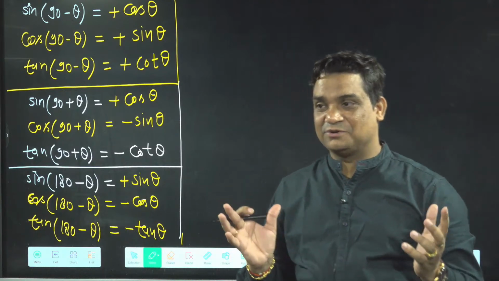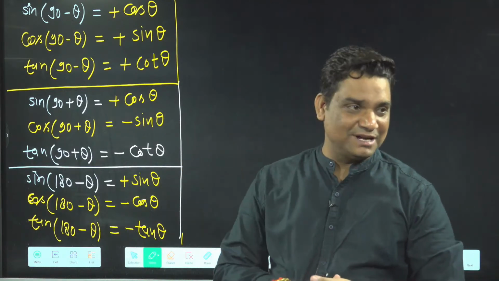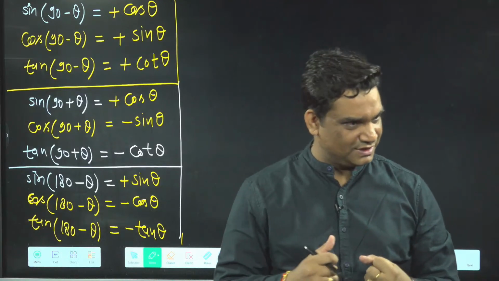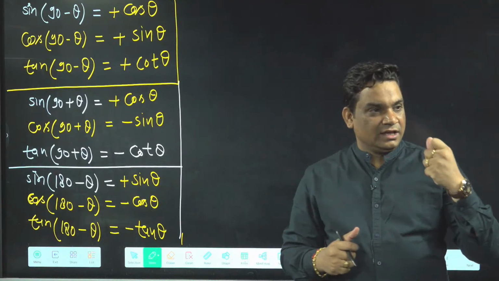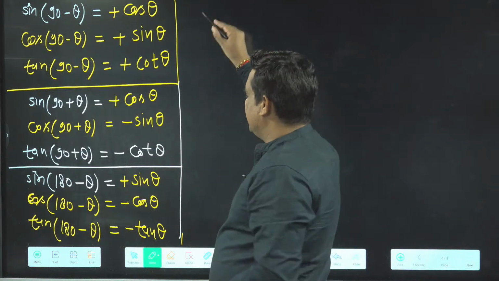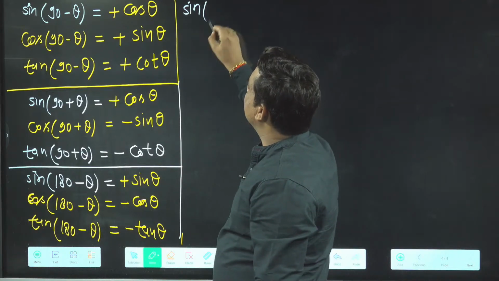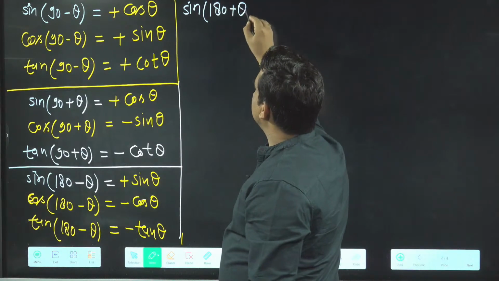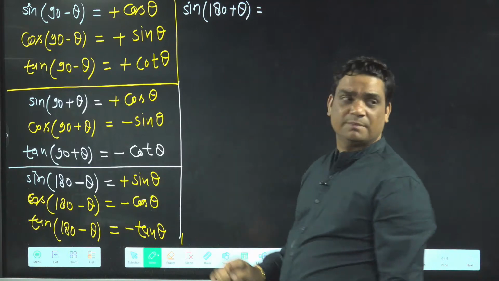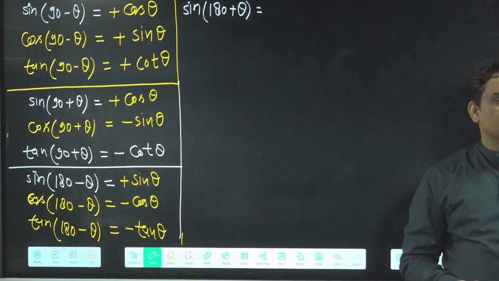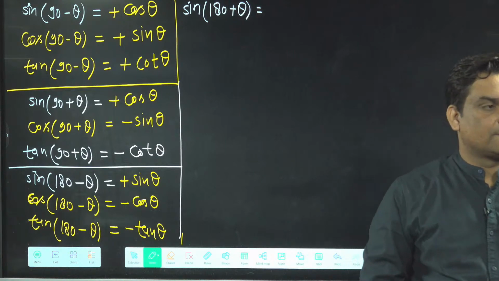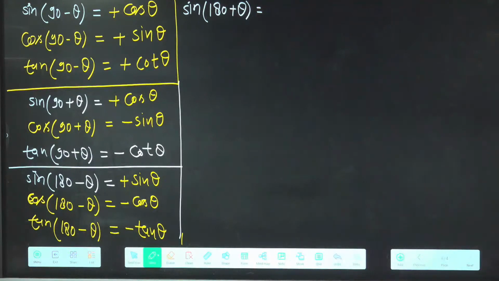No one will ask a direct question in NEET like sine 90 minus theta is what? We will use it. Now we can write the next one, sine 180 plus theta. Sine 180 plus theta is going to be plus or minus?